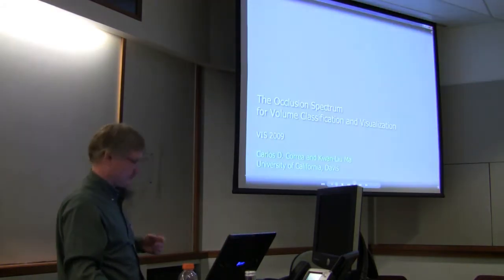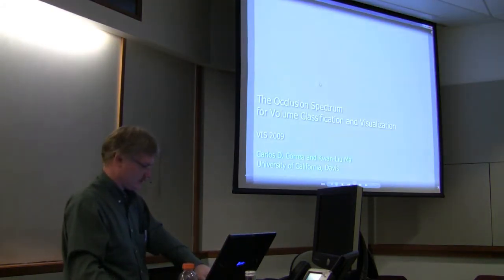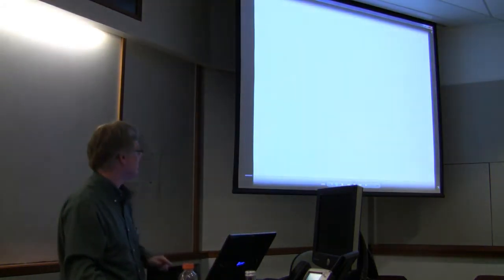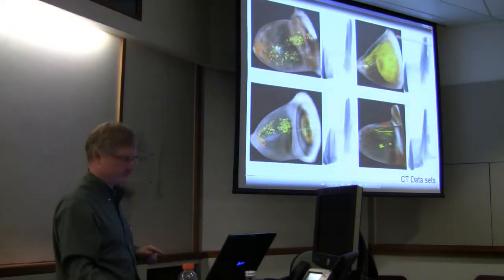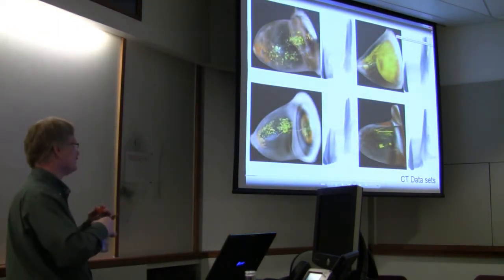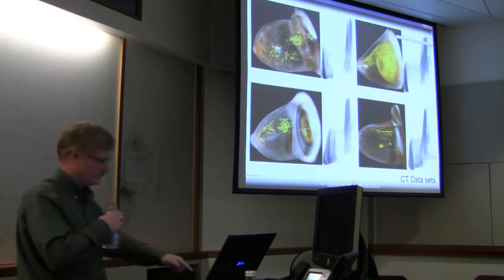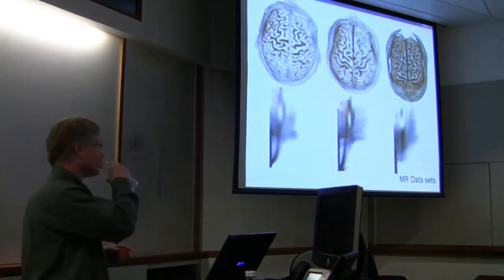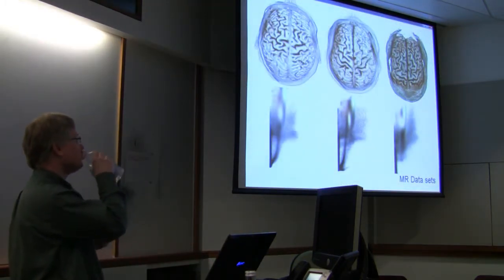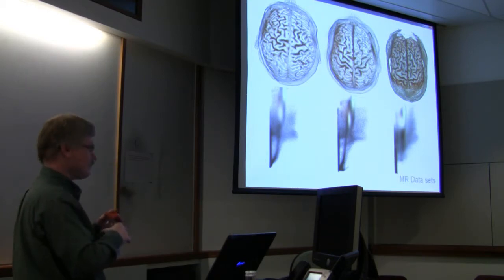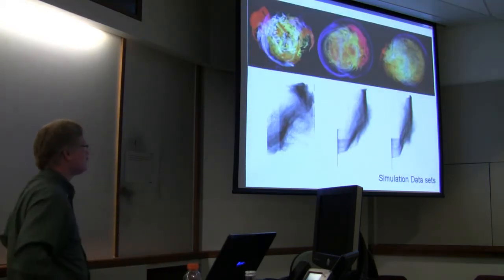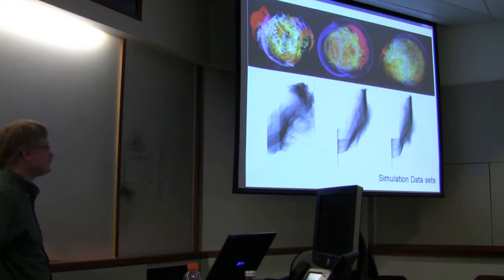All right, occlusion spectrum. This paper presents the occlusion spectrum of volumetric objects for classification and visualization. The occlusion spectrum represents the distribution of intensity and ambient occlusion of the different voxels in a volume, as shown here for several data sets, including CT, MRI, and simulation.